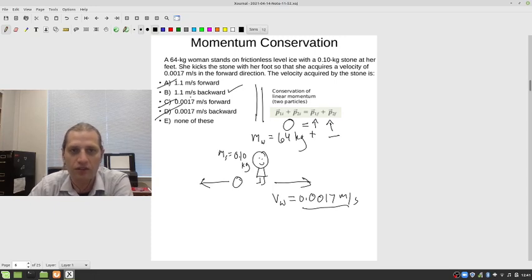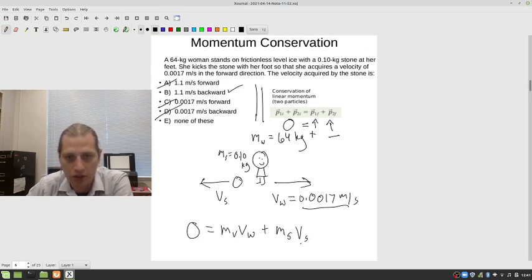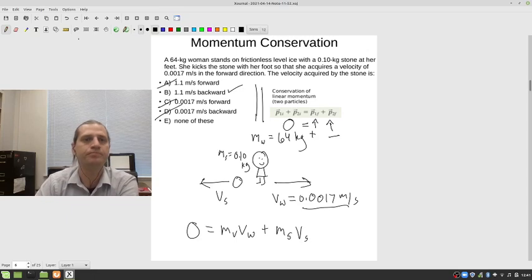I think it is, but you can check. So this is one where 0 equals mass of the woman times velocity of the woman, plus mass of the stone times velocity of the stone, where the stone is going in the minus x direction.